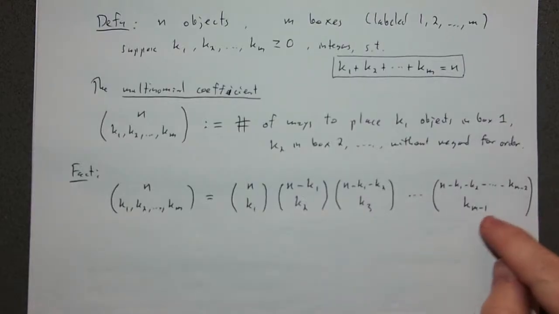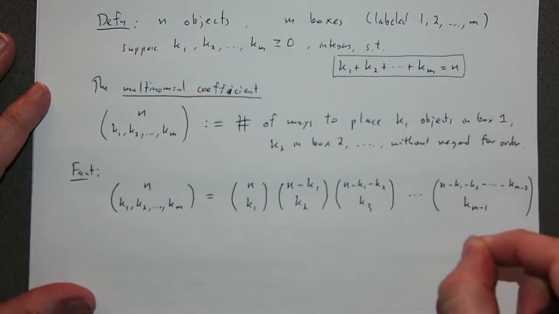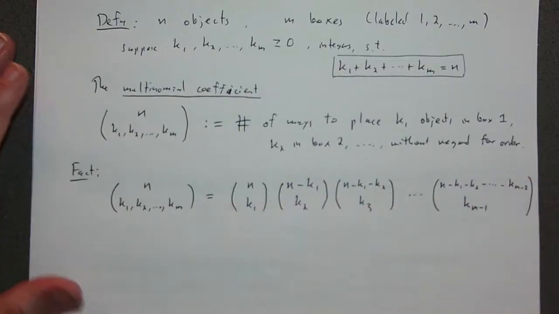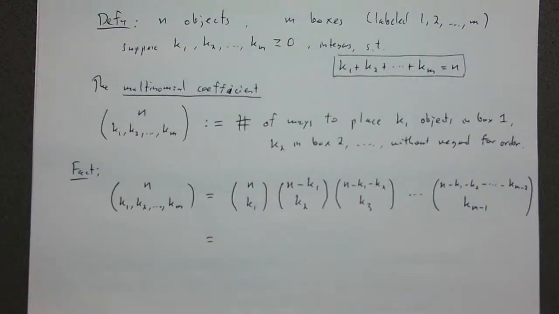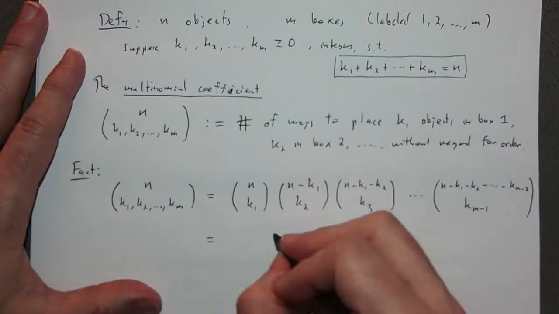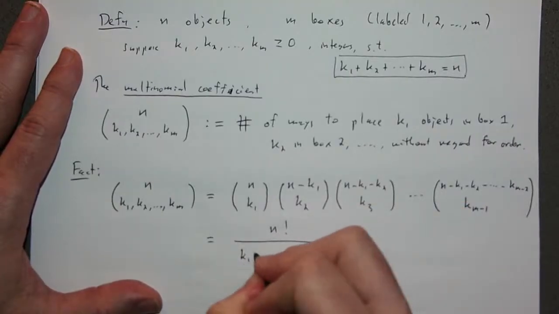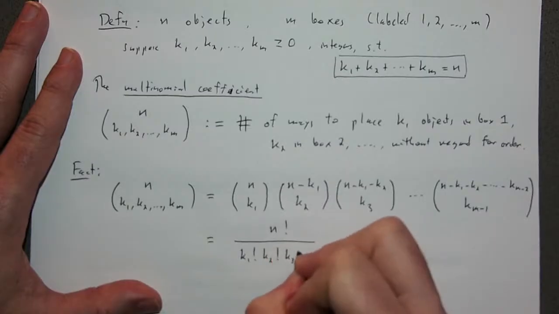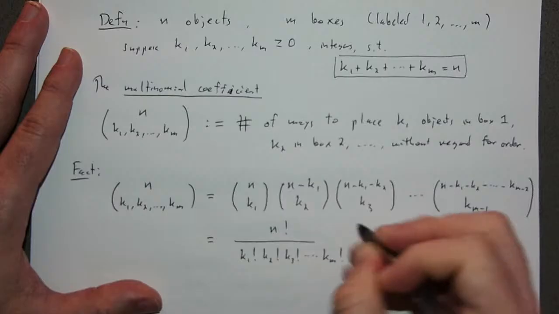At this point, it is completely determined how many objects I have left, and all of those go into the very last box. So there's nothing else contributing to this count. If you do the algebra here, similar to how we did in our case, we will find that this is simply n factorial over k sub 1 factorial times k sub 2 factorial times k sub 3 factorial, and so on, all the way out to k sub m factorial.